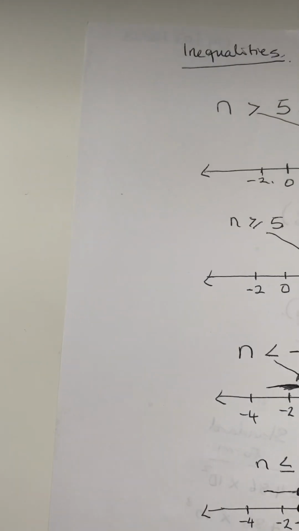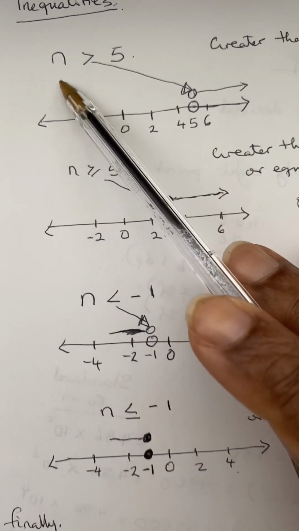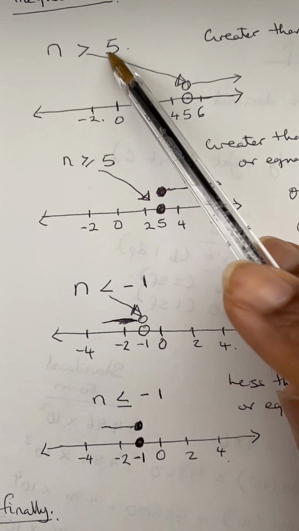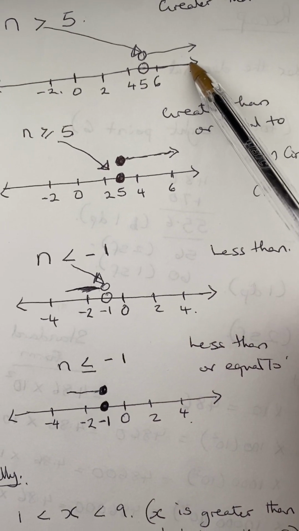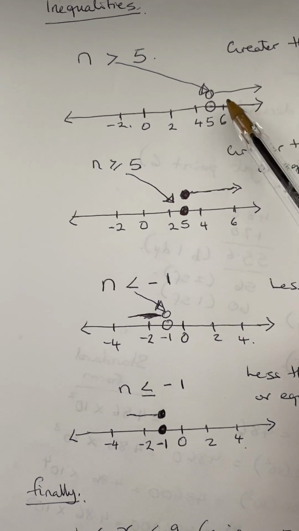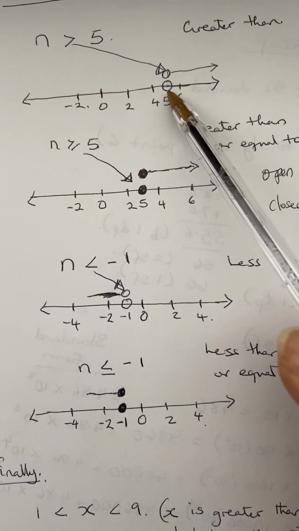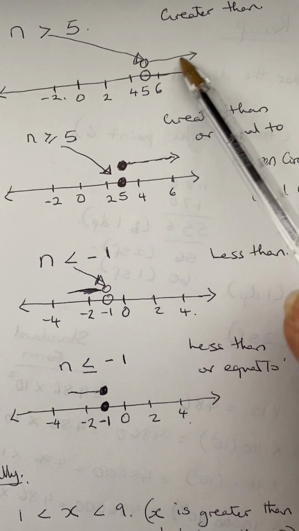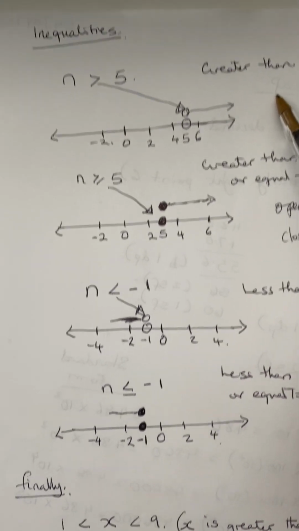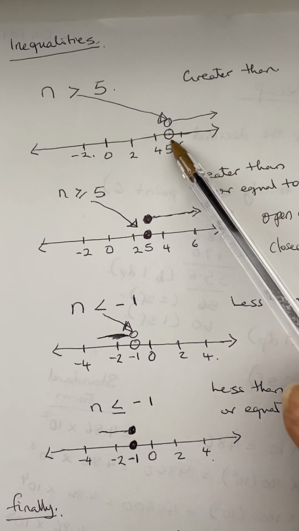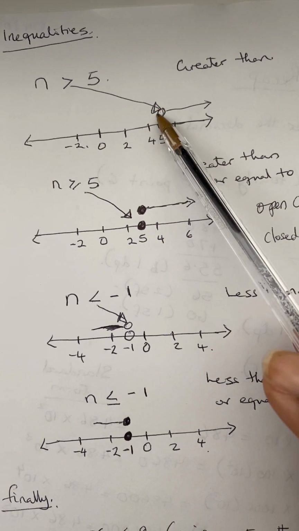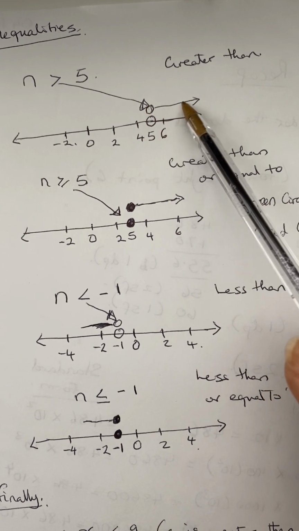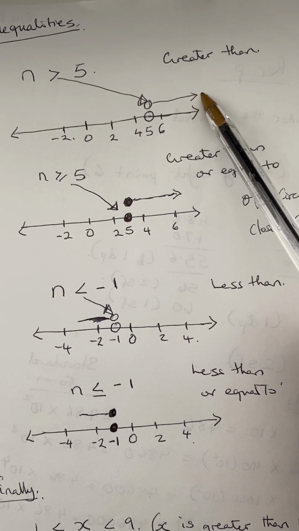Okay, so n is greater than 5. Now that is my number line. Greater than 5 means any number from 5 onwards, but it's not equal to 5, so we use the open circle and draw the line in that direction.